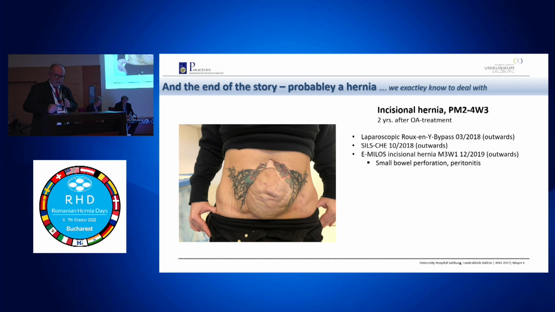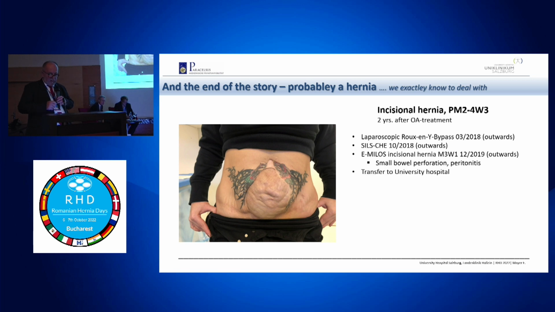And the whole disaster started with a bypass operation, with a simple cholecystectomy, and the patient developed an incisional hernia. It was treated via an emilus technique and small bowel perforation. Well, this can happen, peritonitis can happen, but the management afterwards was not the best one.